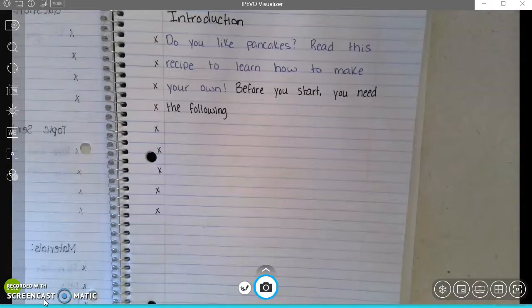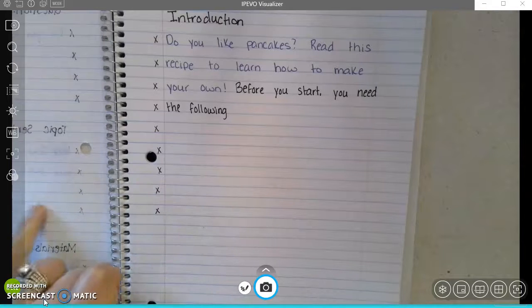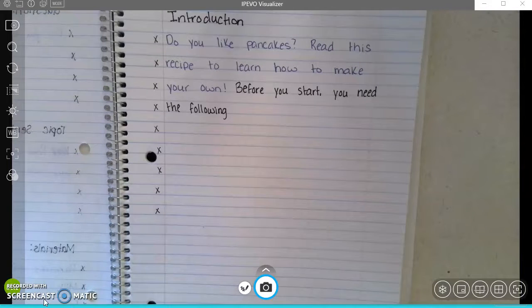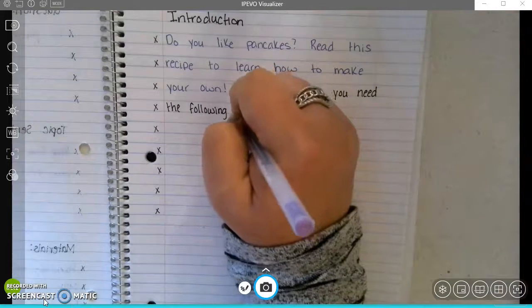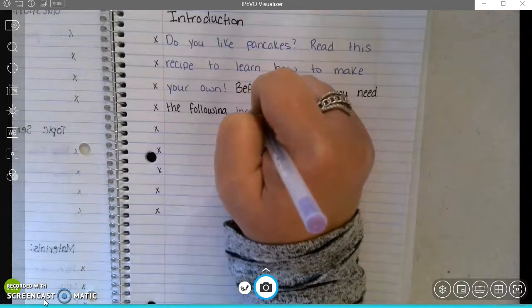Okay. If you're building something, if you're making something, you might have materials. But for food, they're usually called ingredients. So I'm going to write ingredients. Before you begin, you need the following ingredients.